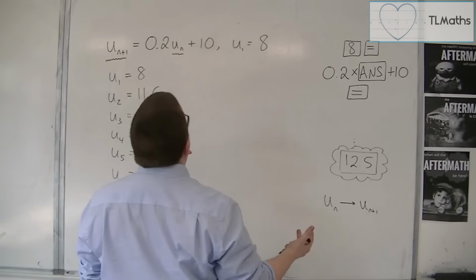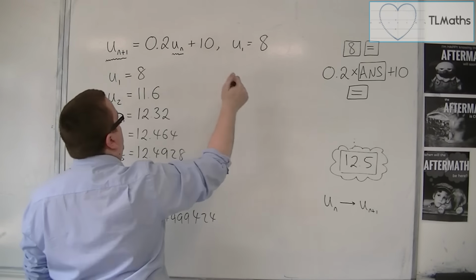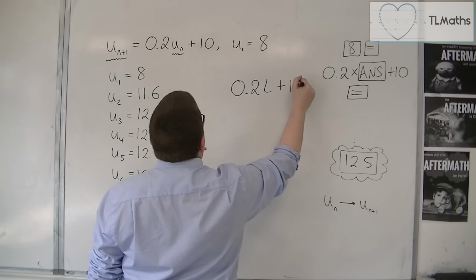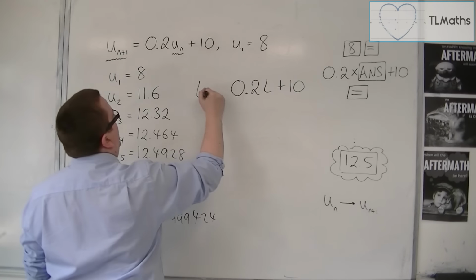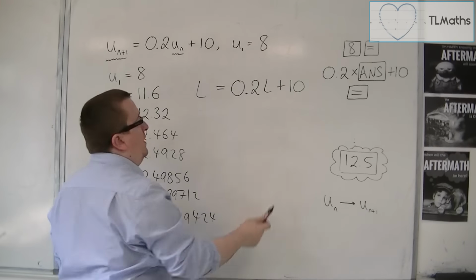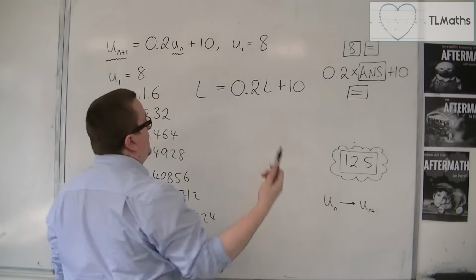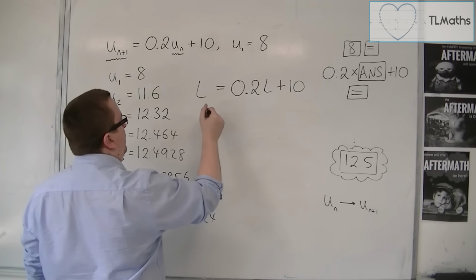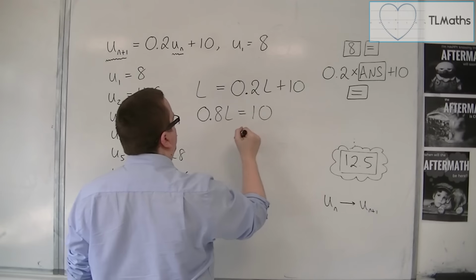So let's say that the number I'm putting in is L, and the number I get out, consequently, is the same, so that is also L. I've replaced the u_{n+1} and the u_n with L. L for limit, okay? And this gives me an equation. I can take 0.2L from both sides, and I get 0.8L is equal to 10.